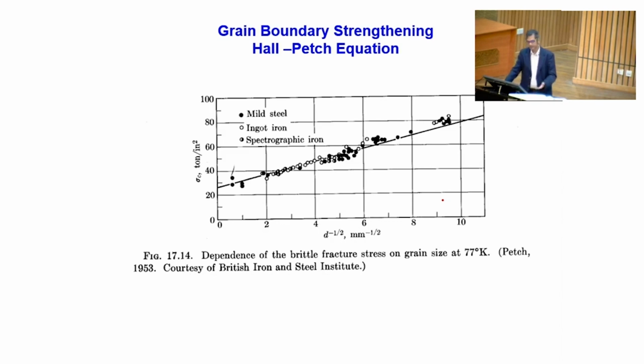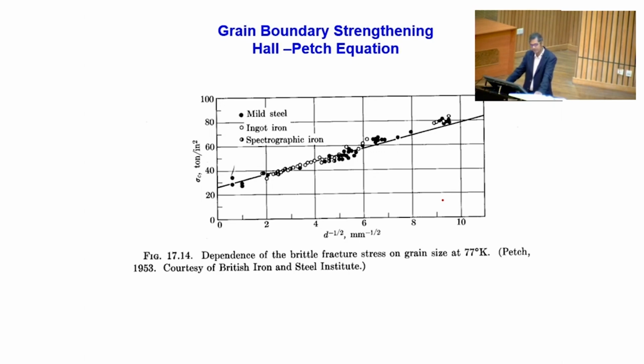This is taken from Petch's original paper of 1953, and now you can clearly see the dependence of brittle fracture stress on the grain size at 77 Kelvin. You can clearly see that for mild steel, ingot iron and spectrographic iron, all of them fall on one line of sigma versus d to the power minus half.